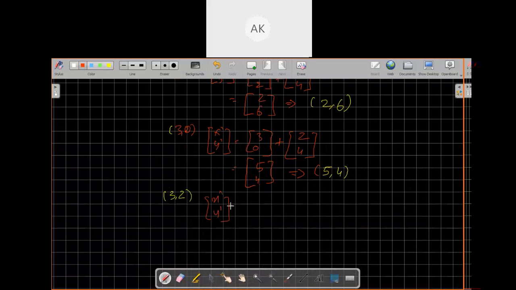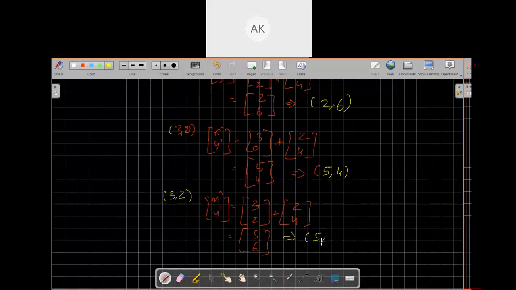You will get 3 plus 2 is 5, and 0 plus 4 is 4. So the new value after translating the point 3 0 will be 5 4.